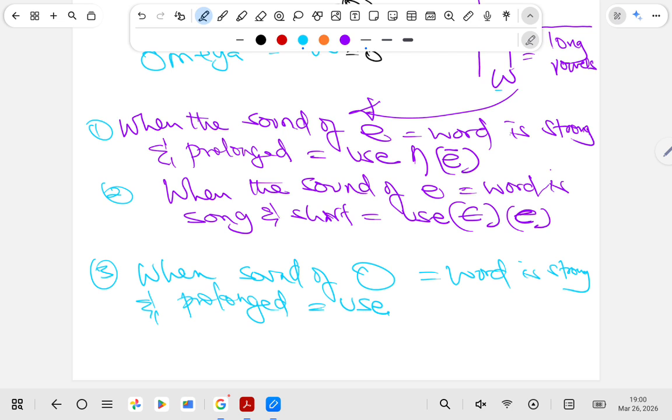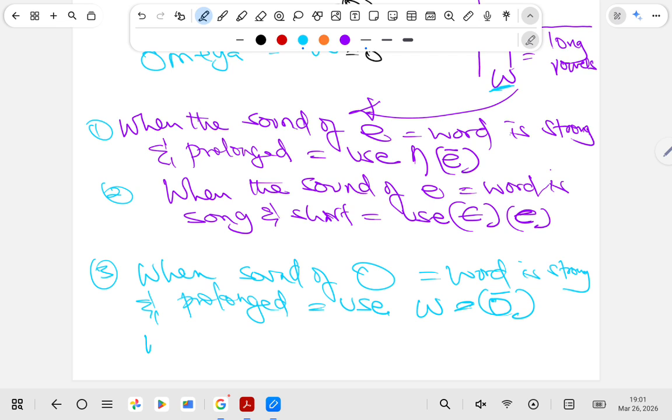We use omega, which if we were to write it, would be written as an O with a bar on top. And so the rule similarly applies, that Omicron is used as a short vowel, just like epsilon is used as a short vowel.